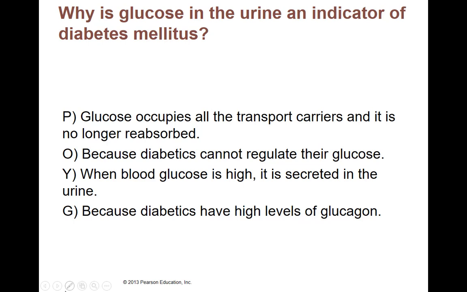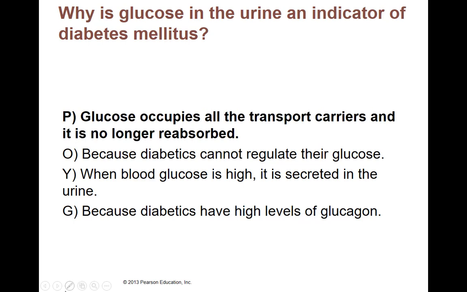The reason is the pink. It's true, they can't regulate their glucose, which means you will have too much glucose in your blood, but increased glucose in your blood should still be able to get reabsorbed back, unless there's so much that all the transport carriers are full, they can't reabsorb anymore, and it ends up in your urine.